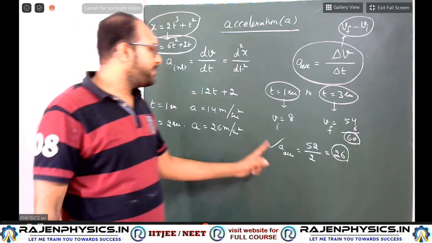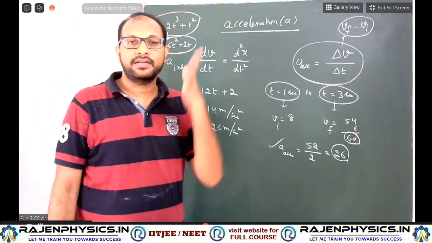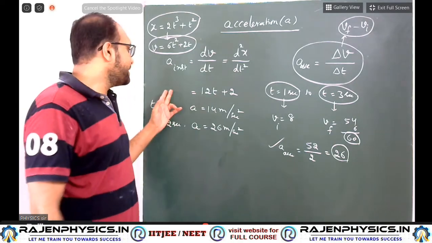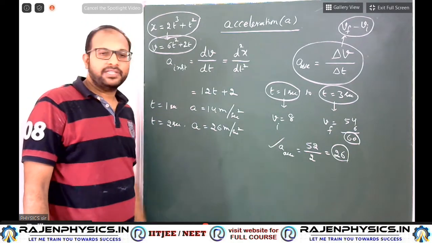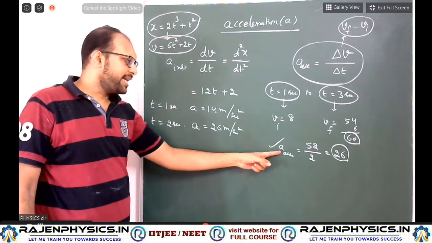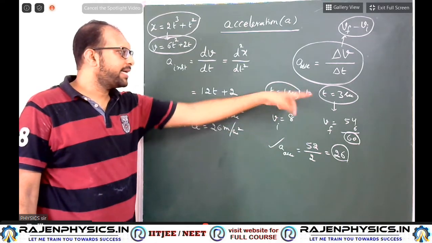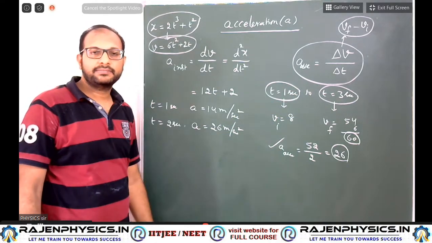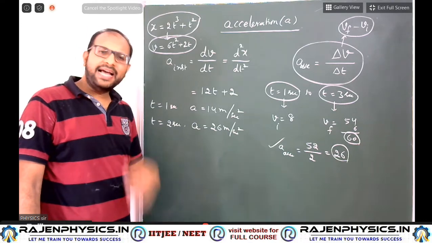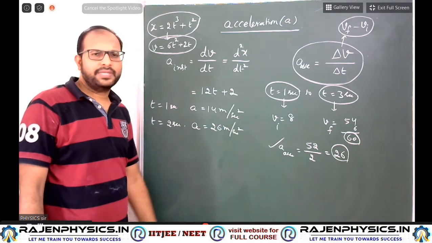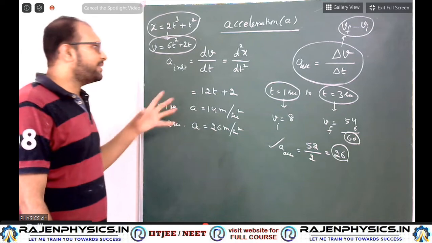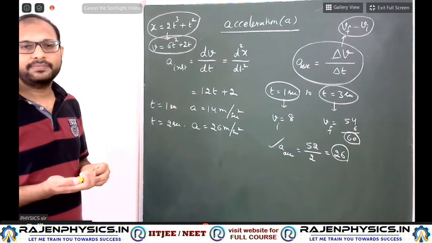This is the determination of average acceleration from t equal to 1 second to t equal to 3 seconds. For any other time duration given, you can substitute that.